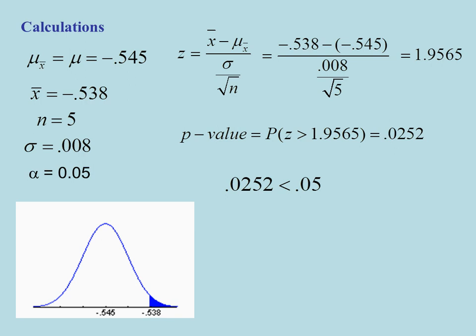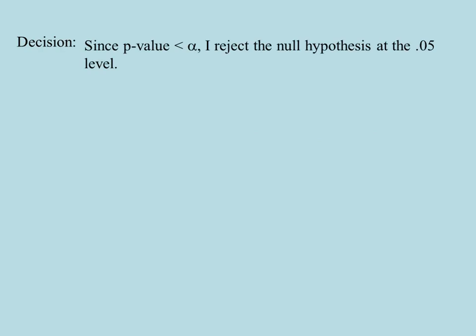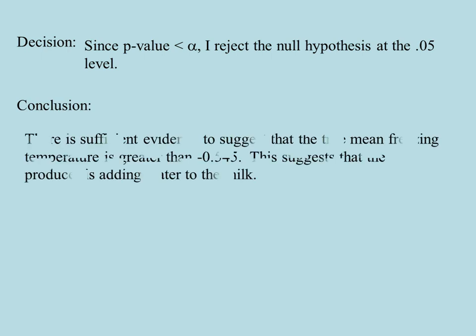Since 0.0252 is less than 0.05, our decision then is to reject the null hypothesis at the 5% level, which in turn means that there is sufficient evidence to suggest that the true mean freezing temperature is greater than negative 0.545. Which suggests that the producer of the milk is indeed adding water.